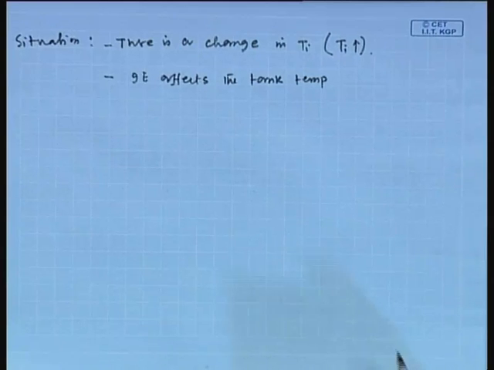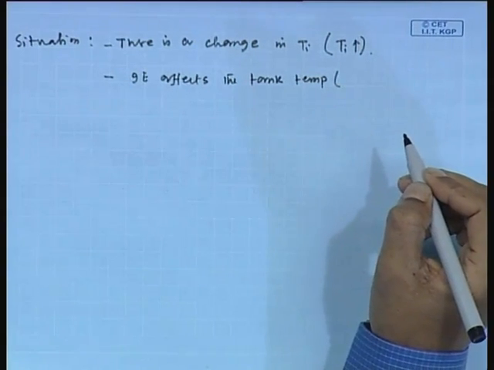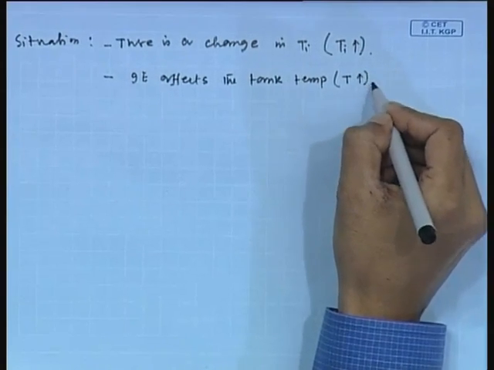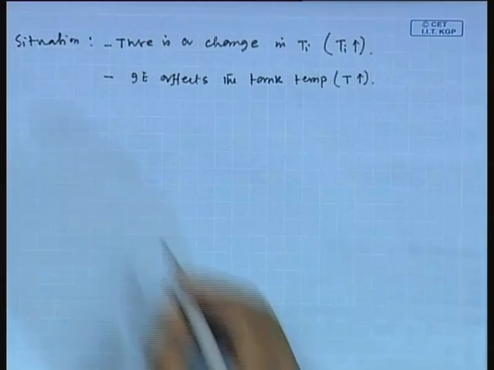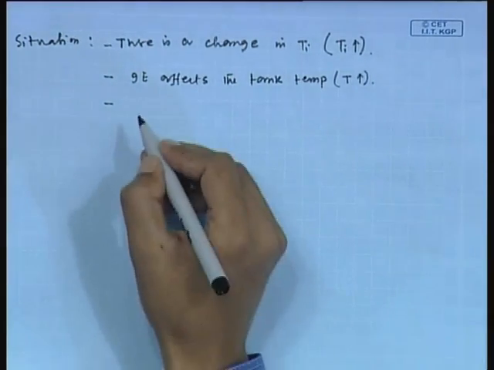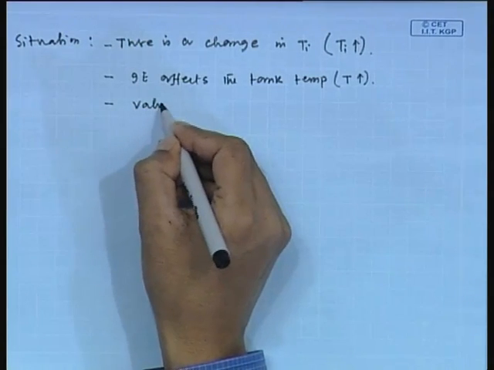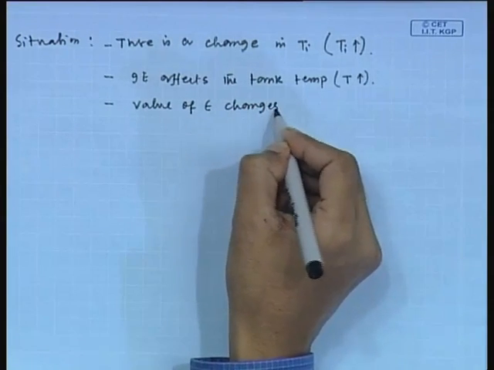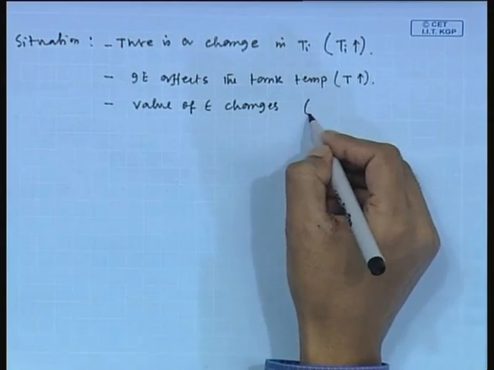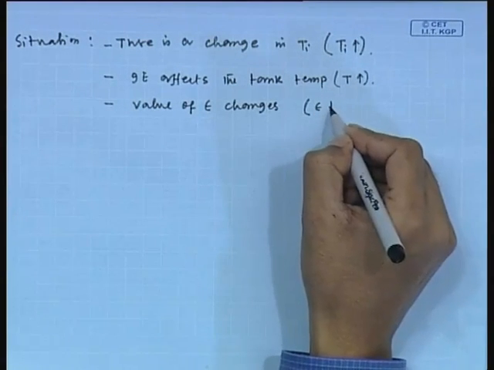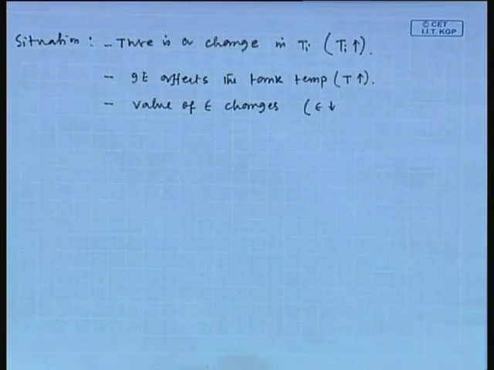Agree? What will happen? Temperature will increase or decrease? Temperature will increase. So, what about the value of epsilon? Value of epsilon changes. Fine. So, basically this error signal decreases and it becomes negative if initially the process is at steady state.